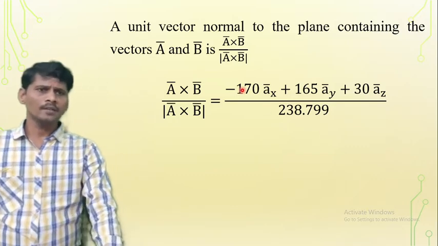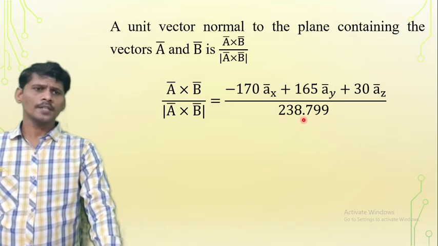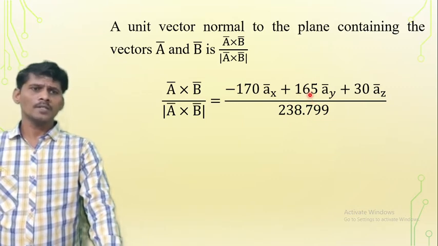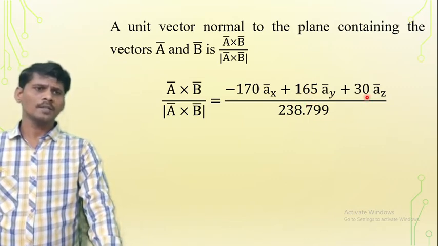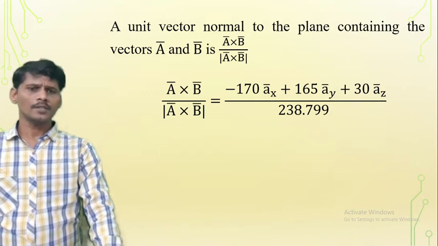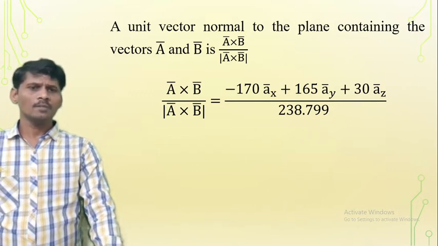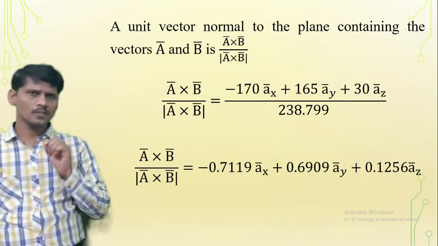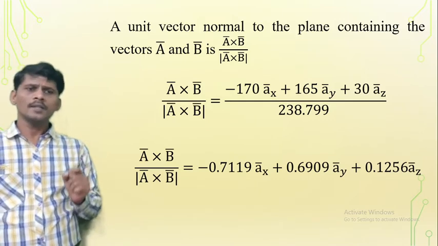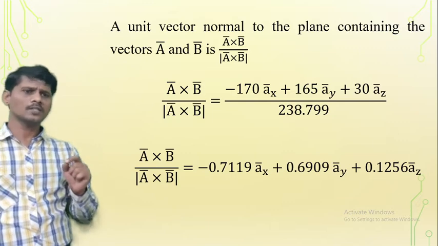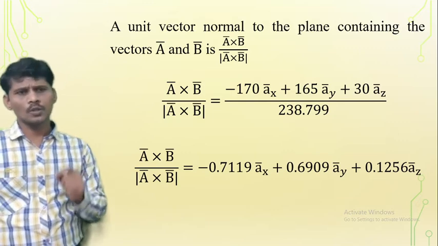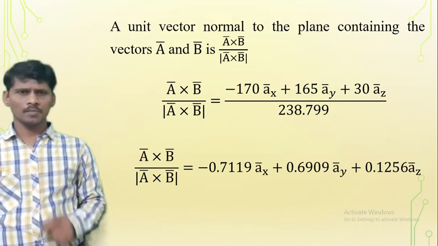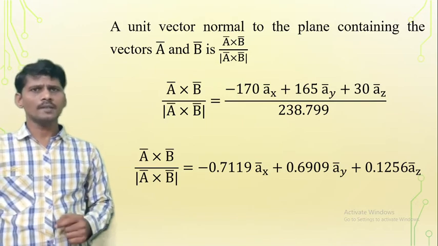Dividing minus 170 by 238.7, plus 165 by 238.7, plus 30 by 238.7, we get A bar cross B bar by magnitude of A bar cross B bar equal to minus 0.711 a_x bar plus 0.69 a_y bar plus 0.12 a_z bar. So this is the second bit solution.